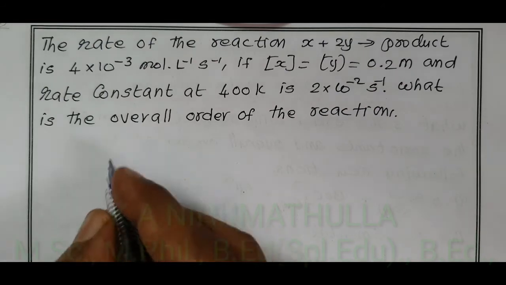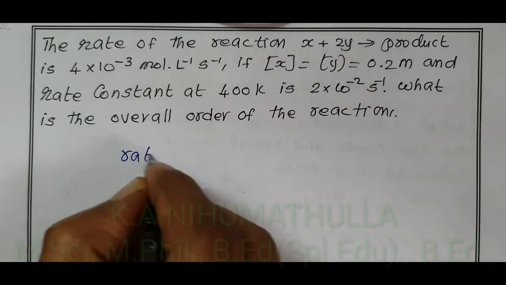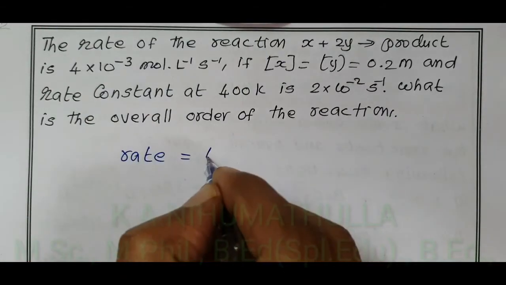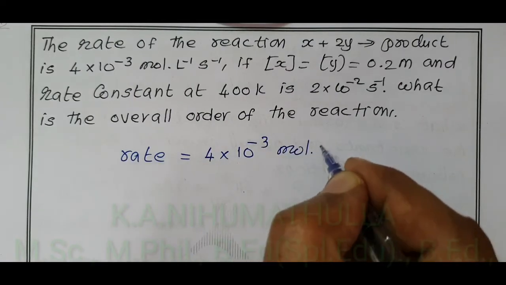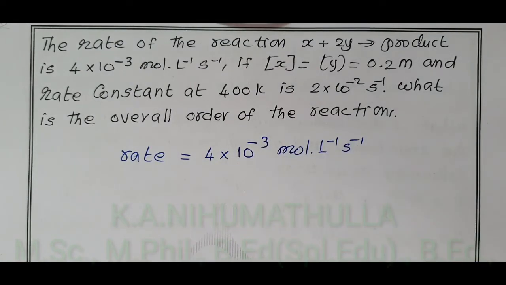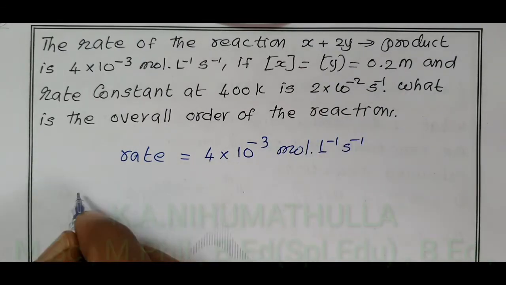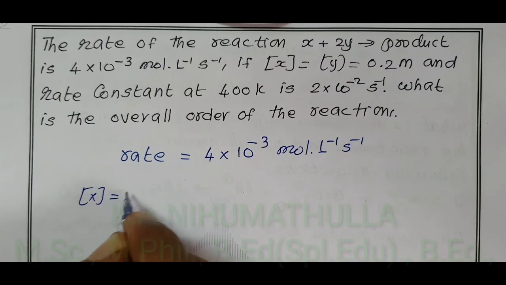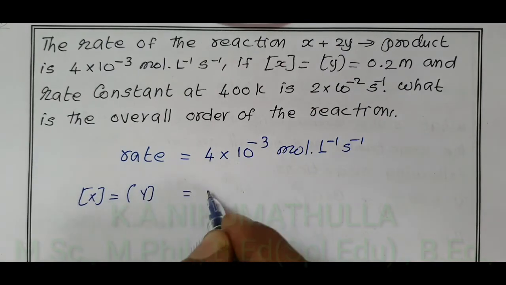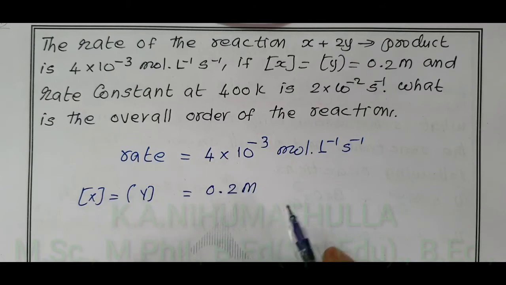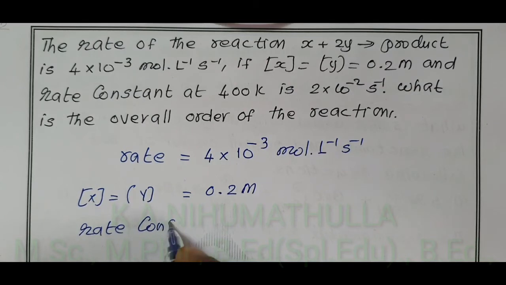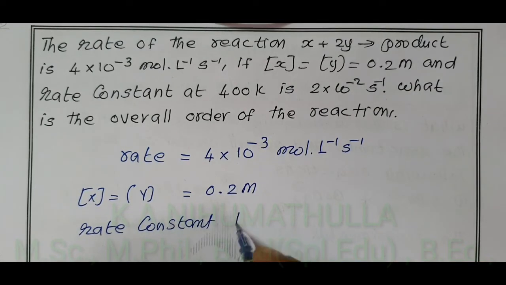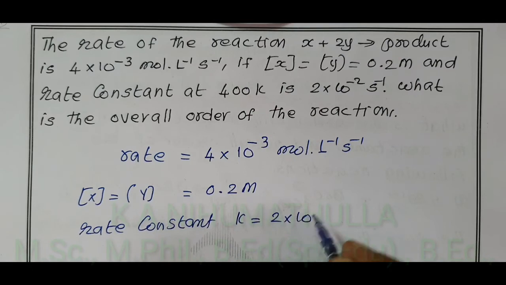First I am writing the given values. Rate of the reaction is 4 into 10 power minus 3, with units mole per liter per second. The concentration of reactant X and the concentration of Y are the same, that is 0.2 M, and the rate constant K is also given, equal to 2 into 10 power minus 2 per second.